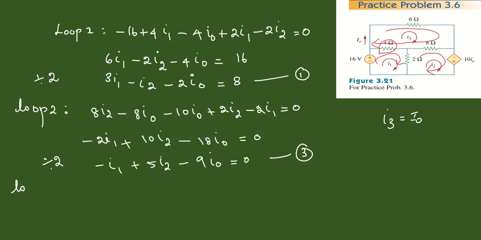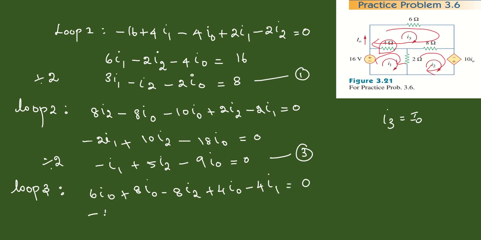Now we write the equation for loop 3. It is 6 I naught plus 8 I naught minus 8 I2 plus 4 I naught minus 4 I1, that is equal to 0.